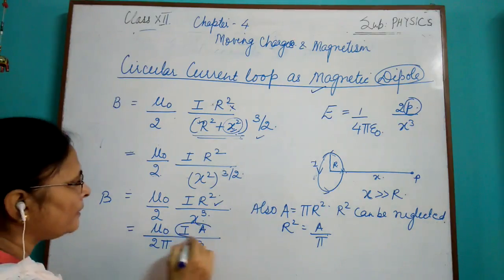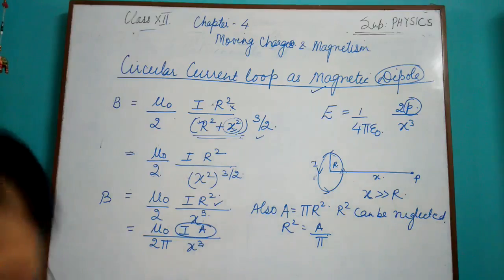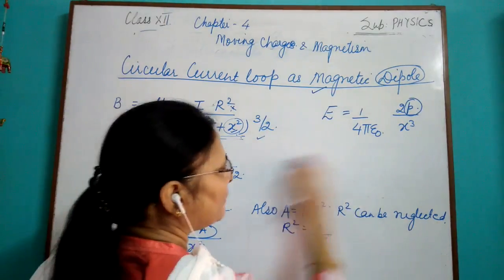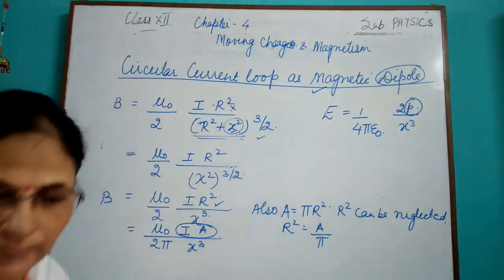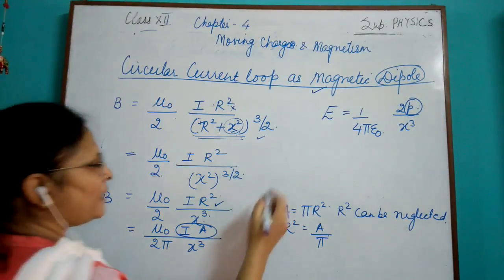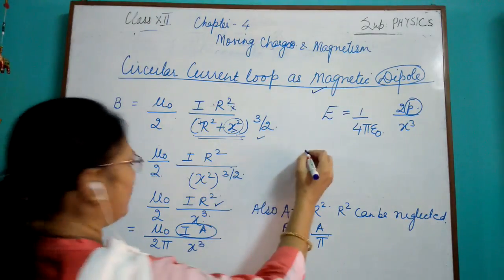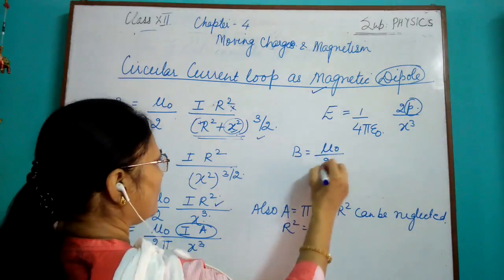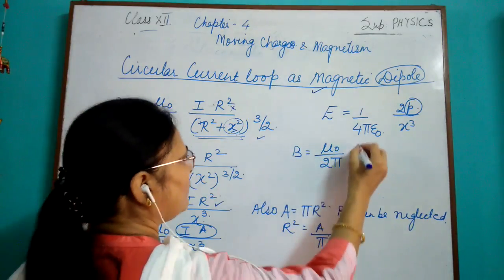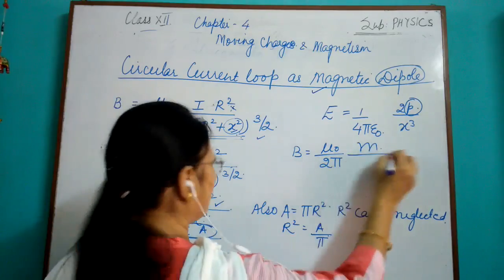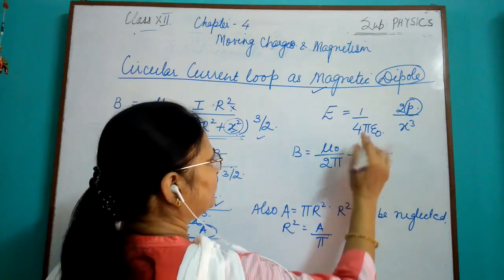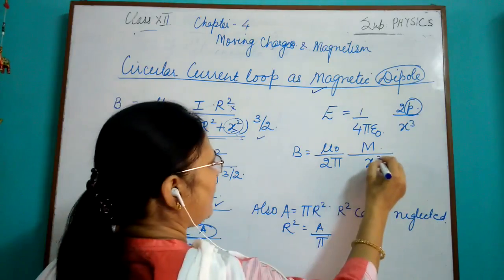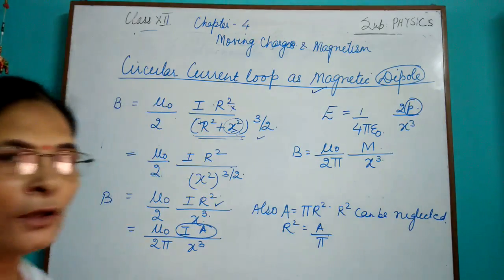And what is IA? This we have already done. It is the magnetic moment, which can be denoted by M. So B can be written as mu naught upon 2 pi M, I'll use capital M here, upon x cube.